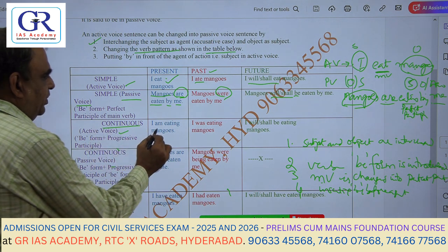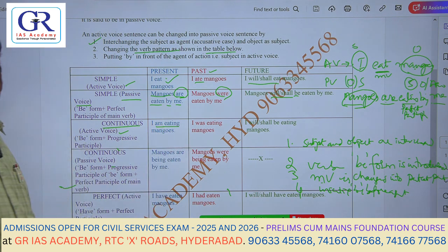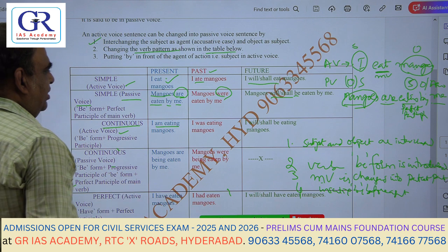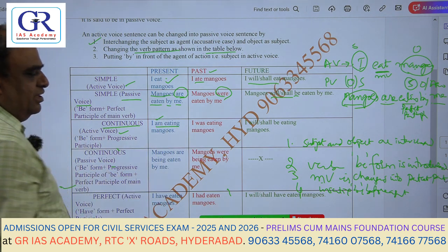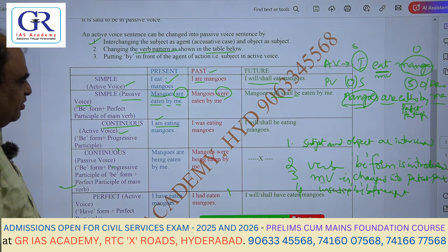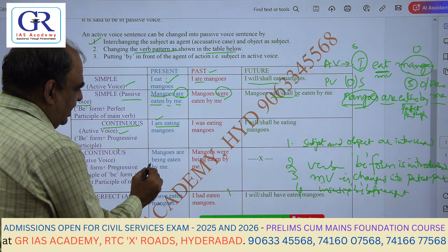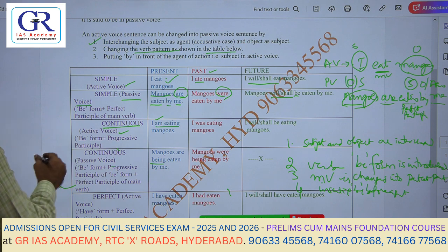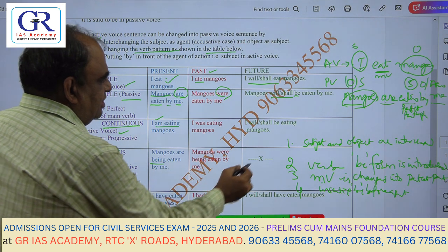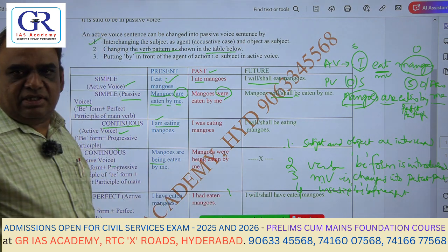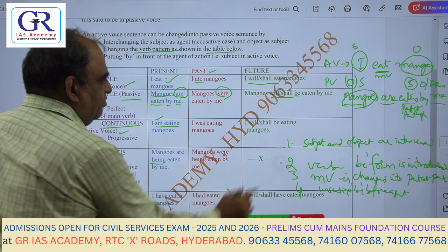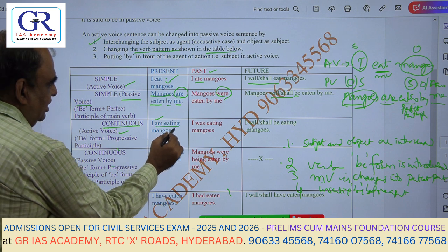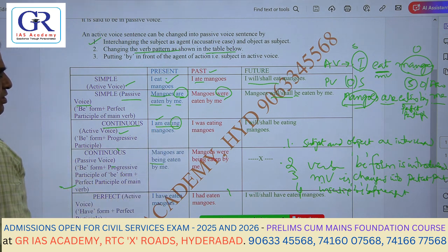You know, I am eating mangoes. I am eating mangoes. So what will happen? Already a be form is there. So you will be introducing another be form. I am writing here. So the same, first is interchange, same. Second be form, same. But what happens? This eating, ing is there, no?